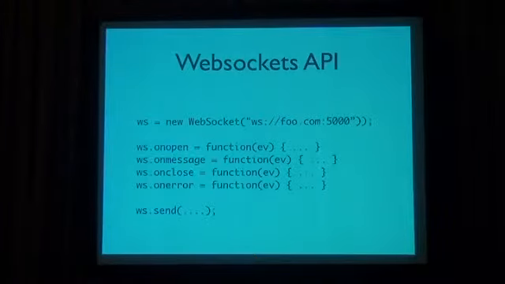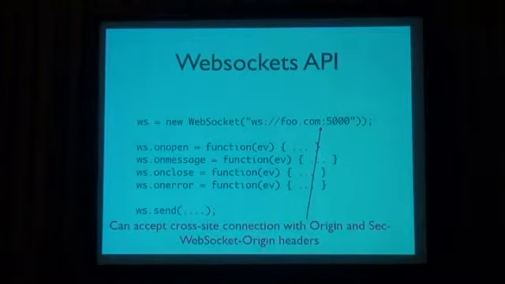Right. And so you notice here we can create a WebSocket to a random web address, not just the localhost. But the server must accept your origin header to say, right, I accept the connection here. So this is a mechanism allowing a cross-site connection for WebSockets.